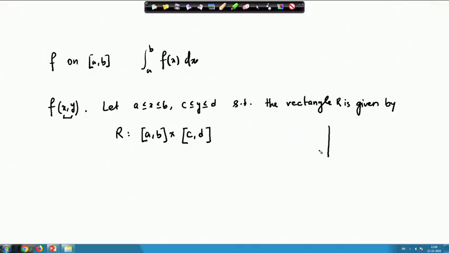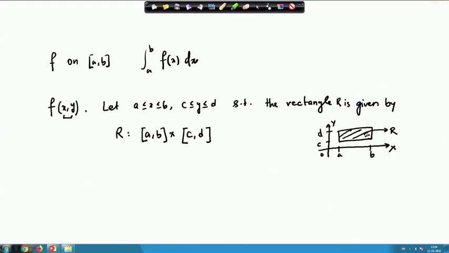If you draw this on the x and y axes, here we have the points a, b, here we have c and here we have d. This is basically our rectangle R.